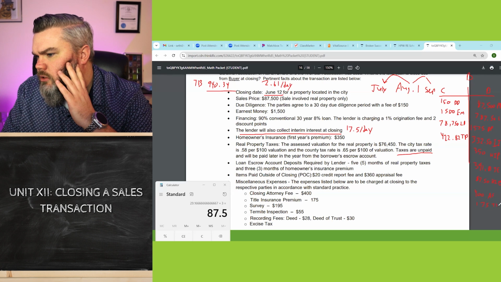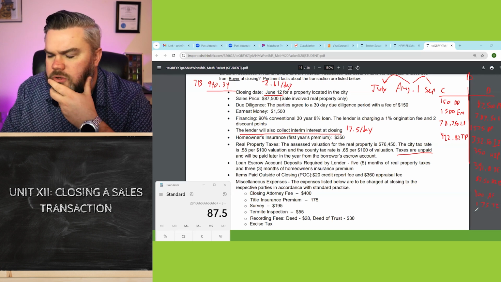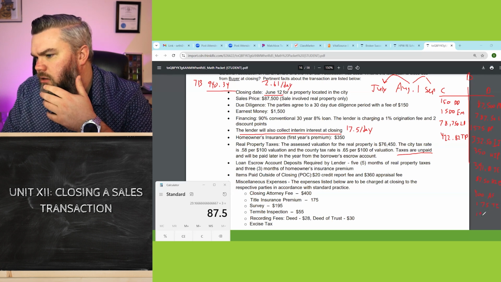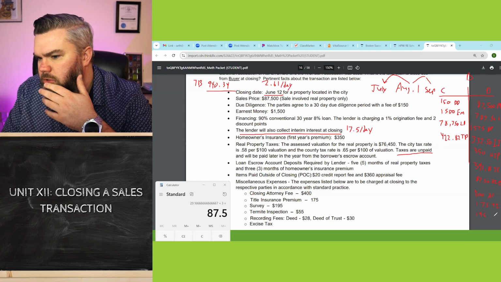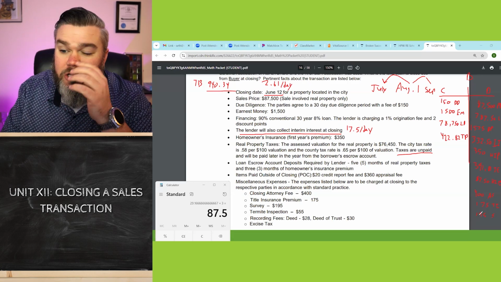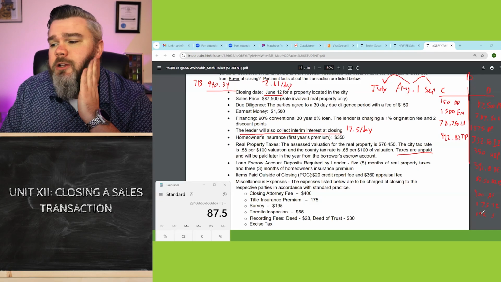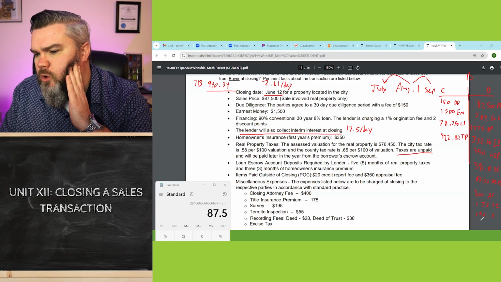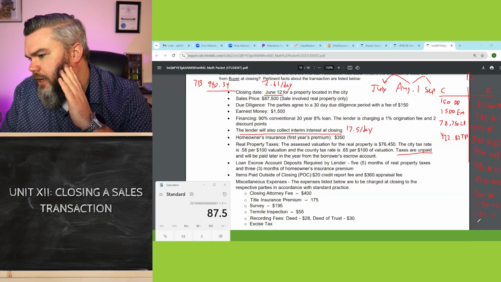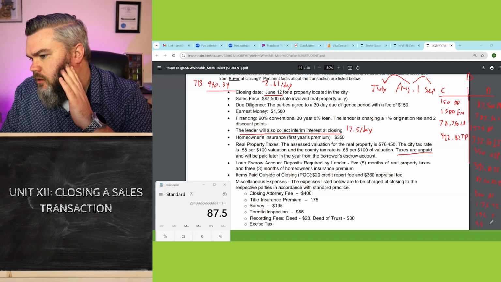Title insurance. Survey, buyer debit. Just put survey. Termite inspection, folks, sometimes that's referred to as a WDIR, which stands for wood destroying insect report. That is also a buyer debit. Just put pest.